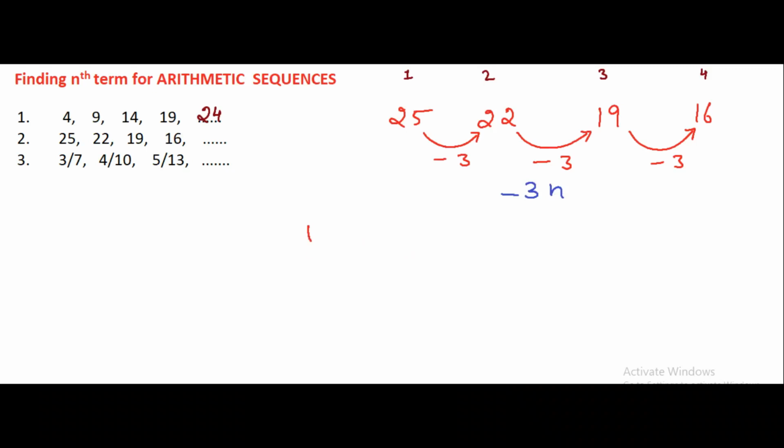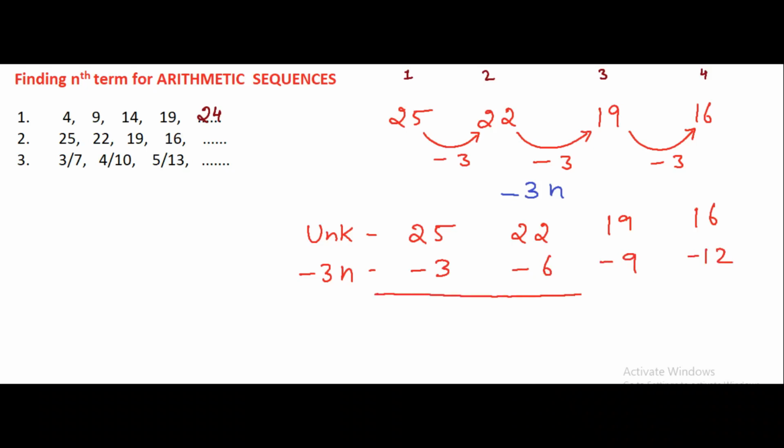That's it, stop there. Next, we write the unknown and the negative 3n. Unknown will always be your sequence, so I'll write it as 25, 22, 19 and 16. Whereas the negative 3n will be, 3 times 1, or you can say minus 3 times 1, is minus 3, minus 6, minus 9 and minus 12, and you have to subtract all of these numbers.